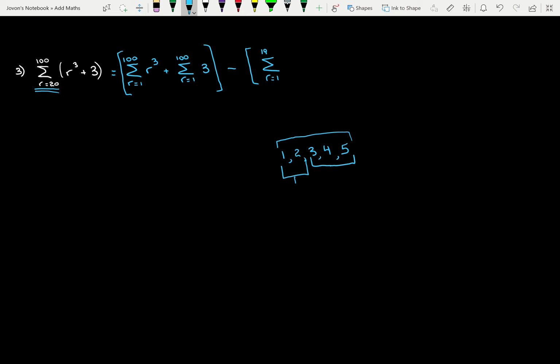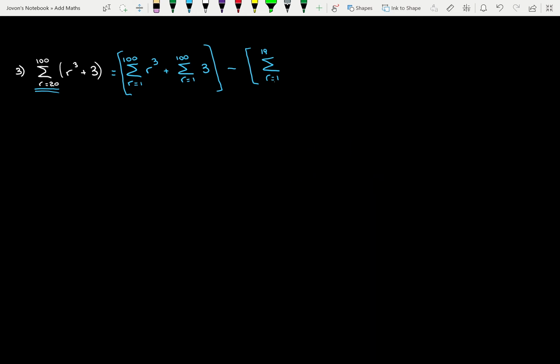Right? Again, if I want to find, let me say for this example I highlighted here, the sum from r is equal to 3 to r is equal to 5, I need to start minus from 1 below, right? So I'm going to minus the 1 and the 2. In the same sense, we're going to go from r is equal to 1 to 19, and we're minusing that.